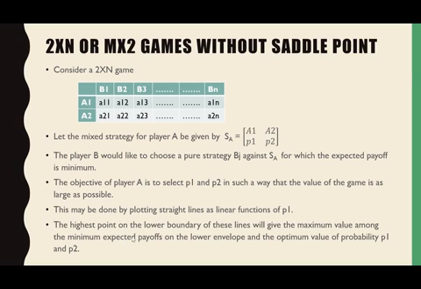The highest point, remember, the highest point on the lower boundary of these lines will give us the maximum value among the minimum expected payoffs. So it is a maximin value, fine, of expected payoffs on the lower envelope and the optimum values of probabilities P1 and P2.